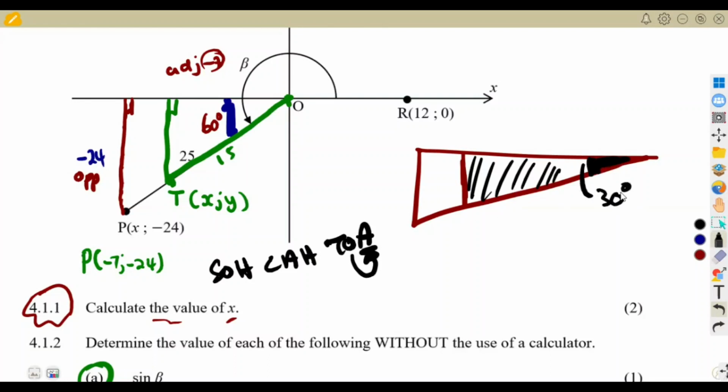There is no way that the sine of this 30 degrees of this triangle will be different to the sine of the bigger triangle of the same 30 degrees, because they are taken from the same point. So they have the same properties, right?